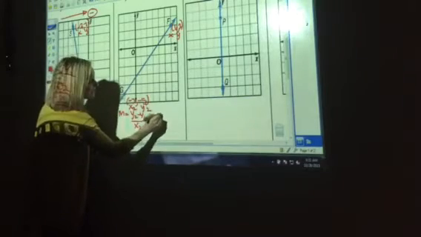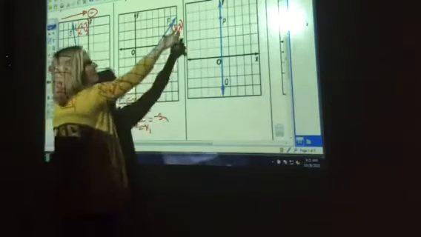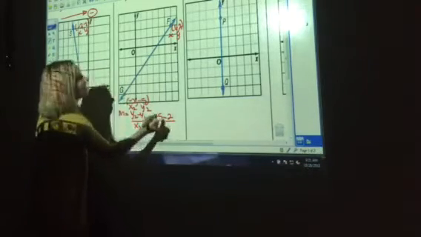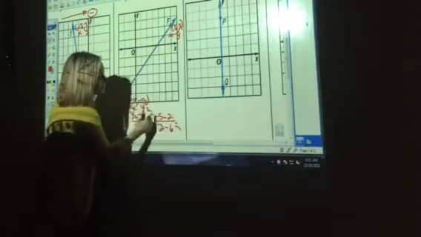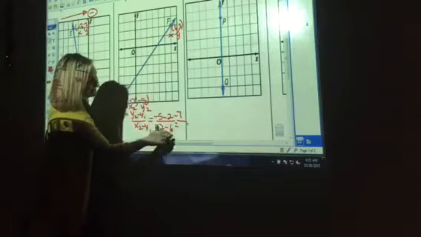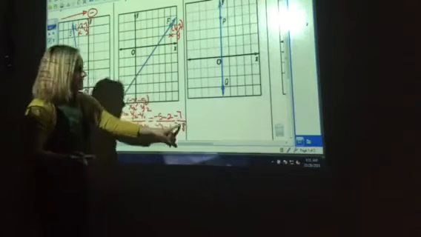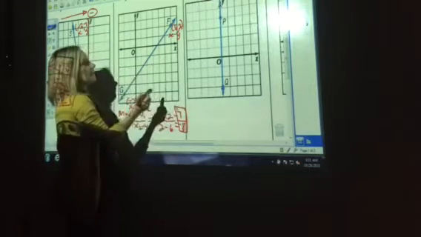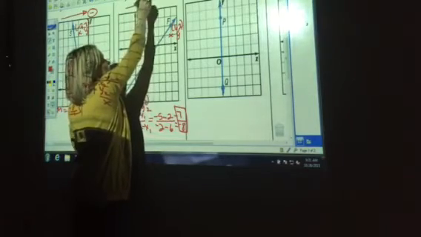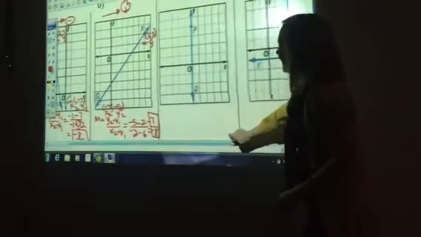So that gives me negative 5 minus 2 over negative 2 minus 6. So negative 5 minus 2 is negative 7 over negative 2 minus 6 is negative 8. Now remember, two negatives will give me a positive 7 over 8, okay? And since from left to right it's now going up, I know it should be a positive slope, okay? So, positive 7 over 8 for that one.